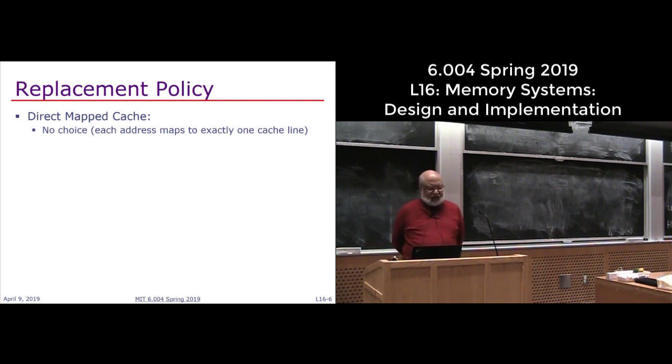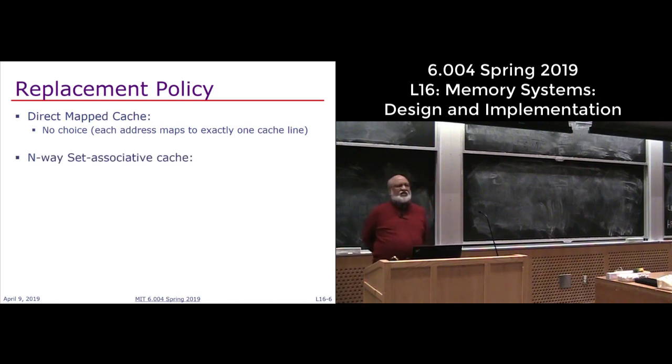Okay, so in a direct map cache, as I have said repeatedly, there is no choice, right? Every address has exactly one place in the cache where it can go. But in an n-way set-associative cache, you essentially have a choice of n.